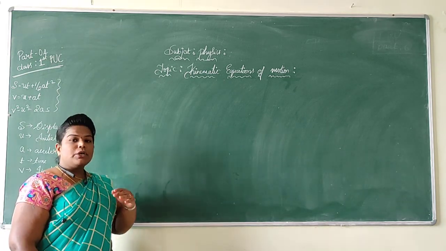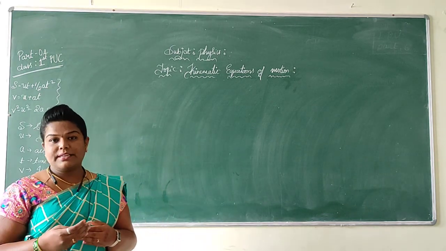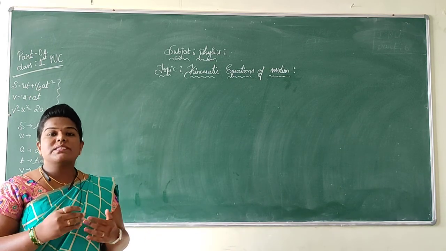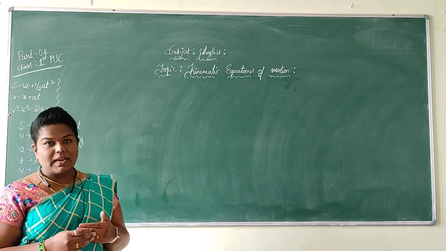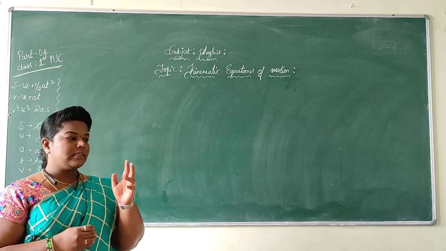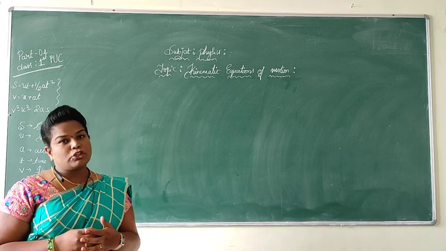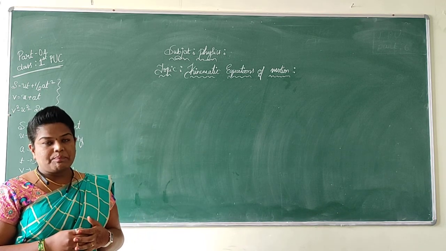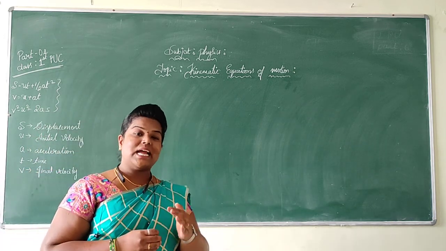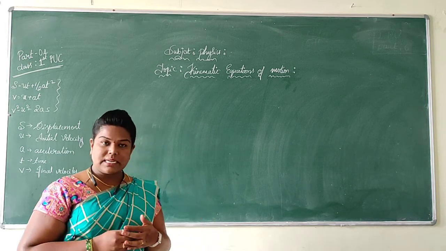One graph indicates the object moving with uniform velocity, the second shows uniform acceleration, and the third shows uniform retardation. I also showed you an object moving with constant velocity.